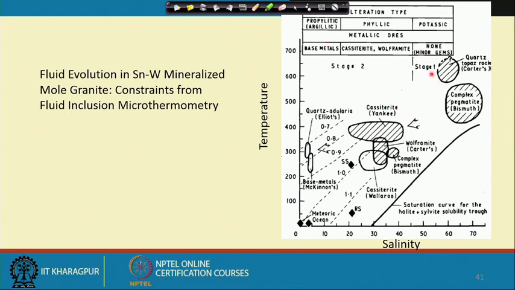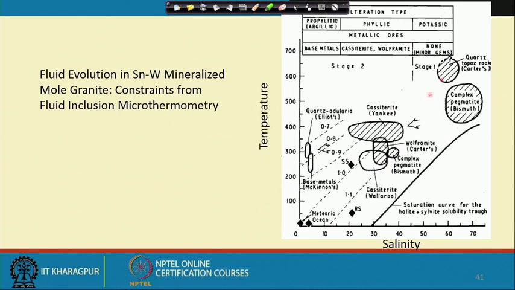So, from fluid inclusion data itself, the inclusions in topaz in the early phase of magmatic fluid where there was boiling, and then the complex pegmatite, and then the tin quartz cassiterite vein in unaltered granite, and then giving rise to quartz cassiterite vein in altered granite, and then finally the lead and zinc sulphide deposits.